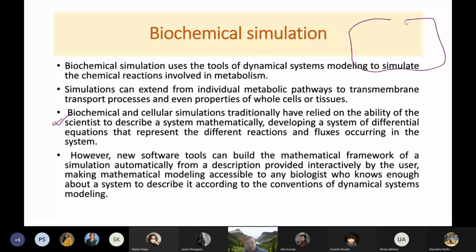Now if you have a cell, and you want to model the concentration of a certain reagent or ion, you have to identify all the processes occurring in the cell, right? What is coming in, from which process is it coming in, at what rate? At what rate is it going out, by diffusion? At what rate is it coming in from another process? Does that rate impact it or not? Does its uptake impact it or not, is it plus or minus? All these things are additive, and you have to develop different differential equations.